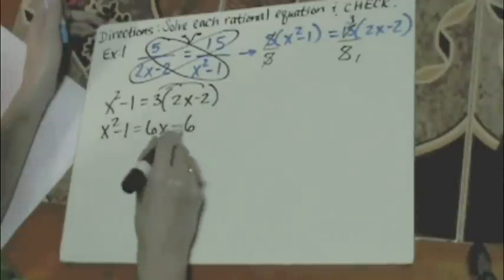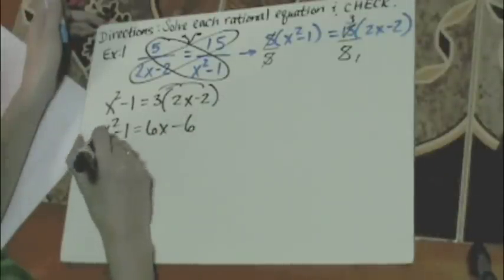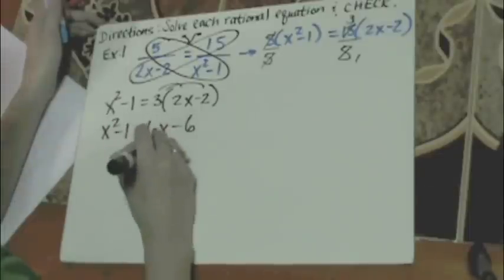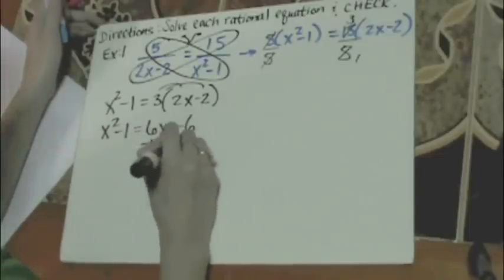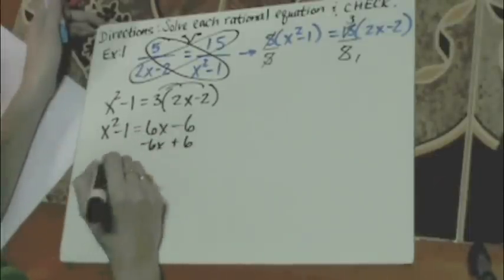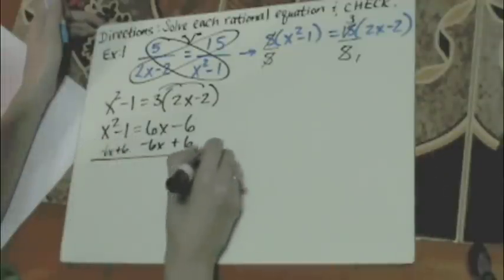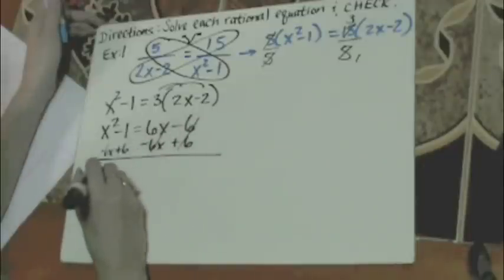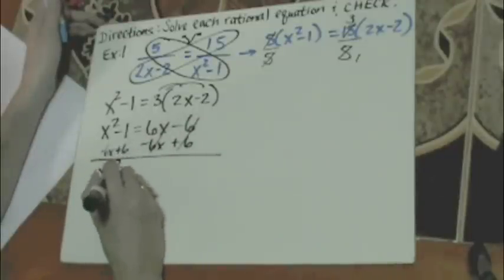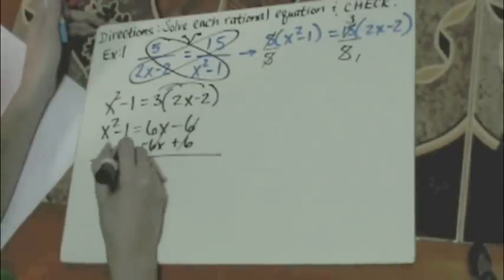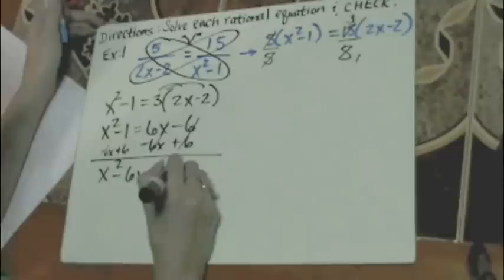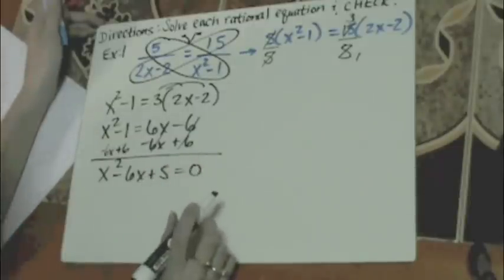I've got 3 different terms here, so I want to get it equal to 0. So I want to get it in standard form. So I'm going to subtract 6x and I'm going to add 6 there. And then this is going to give me my 0. So I've got x squared minus 6x plus 5 equals 0.